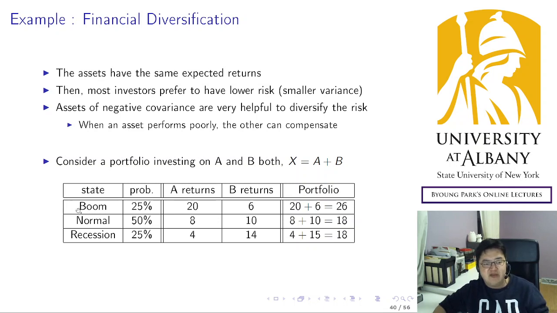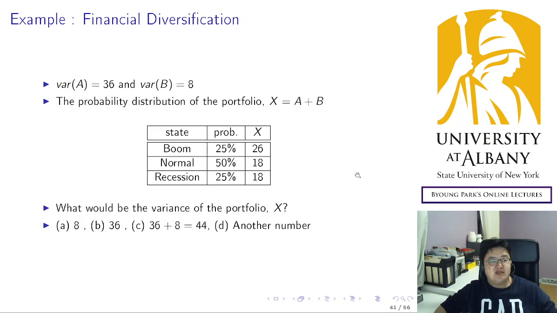If it is a boom, your portfolio will return $26. In recession or normal, 18 is the dividend. You understand? In this setup, we will study the risk of this portfolio when you invest in two companies at the same time.